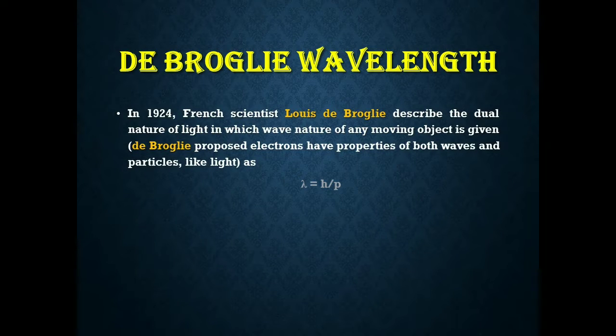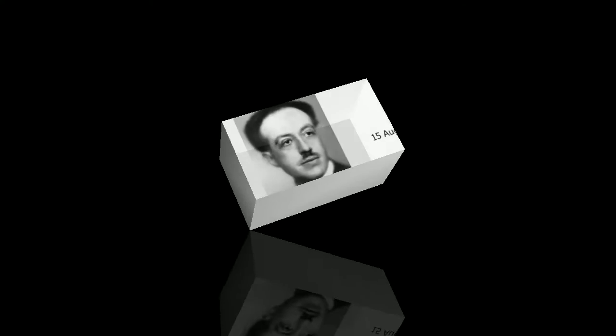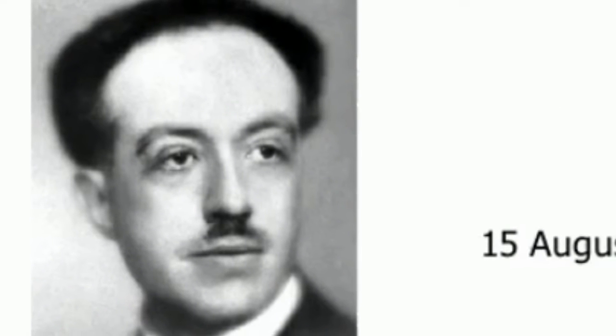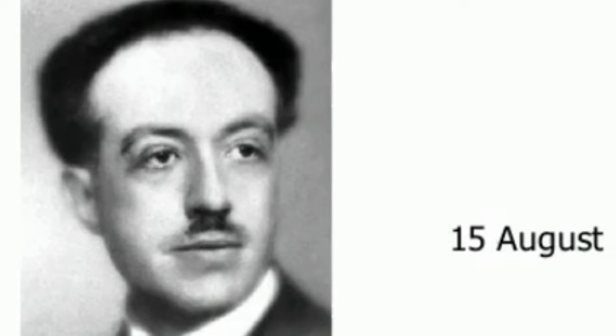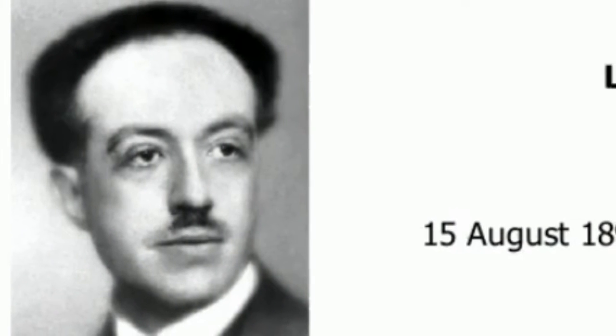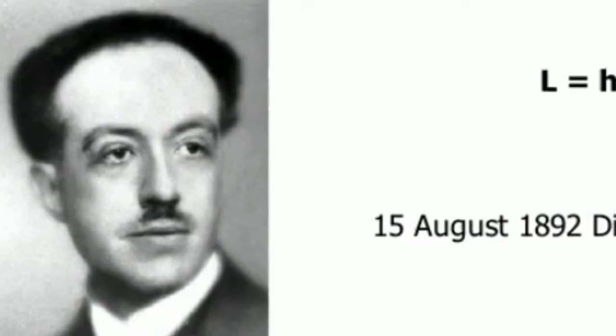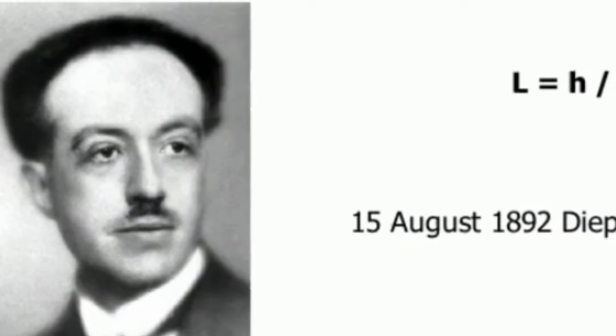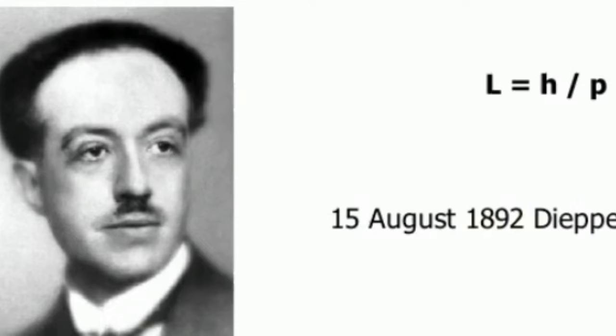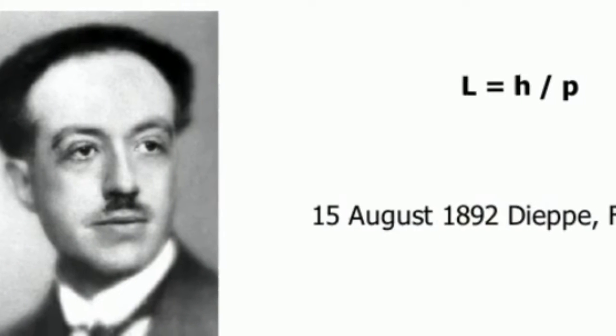So de Broglie introduced a hypothesis in which he considered that matter also exhibits dual characteristics, and he gave one well-known expression, lambda equals h upon p, which classifies the characteristic of the dual nature.